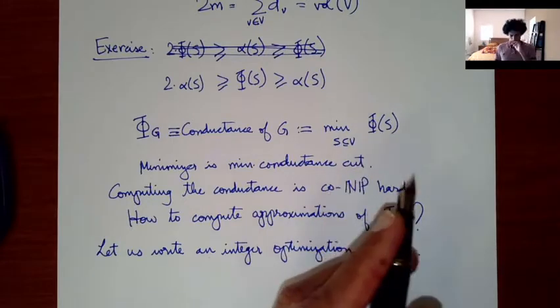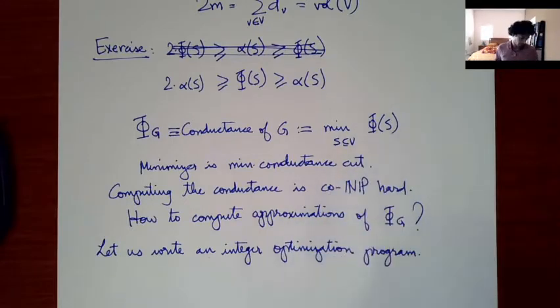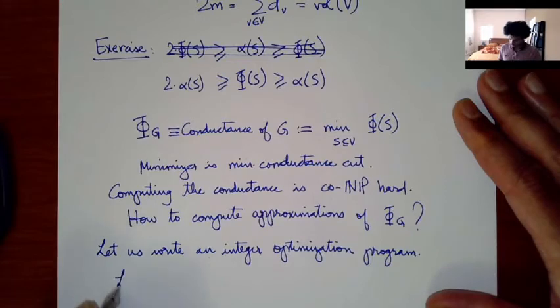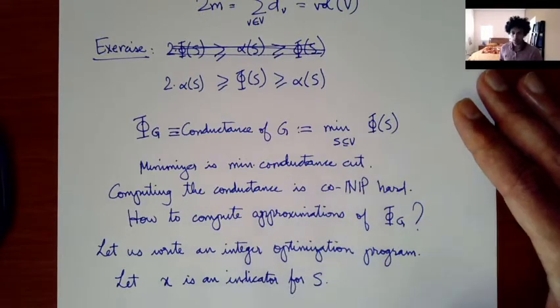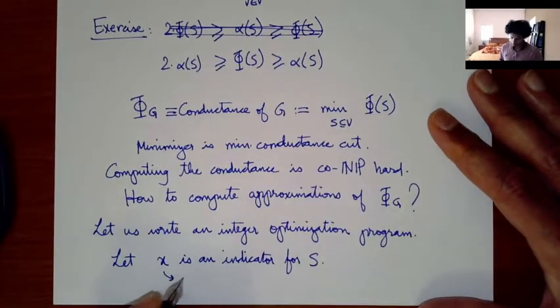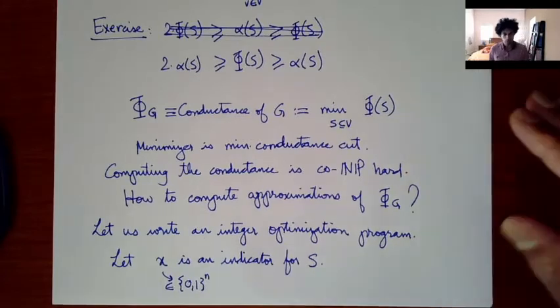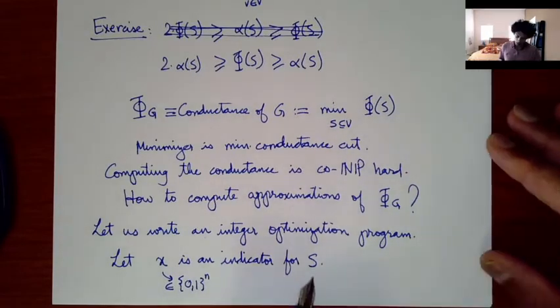Let's just start. Let X be an indicator for S, so X is an element of {0,1}^n.